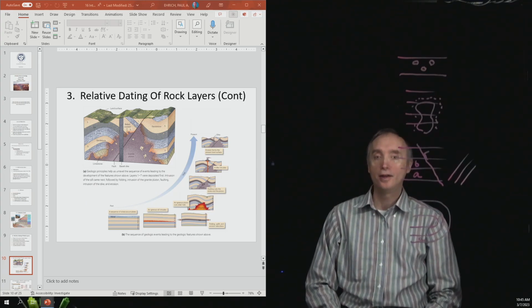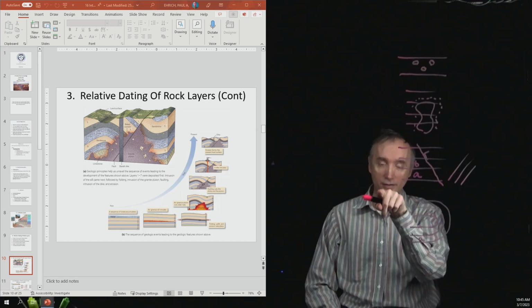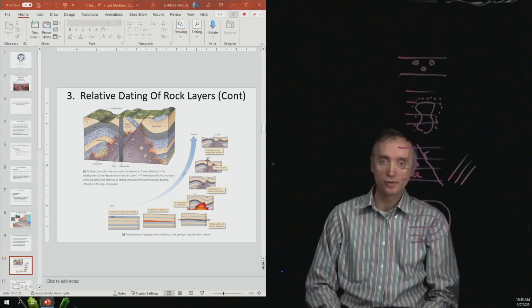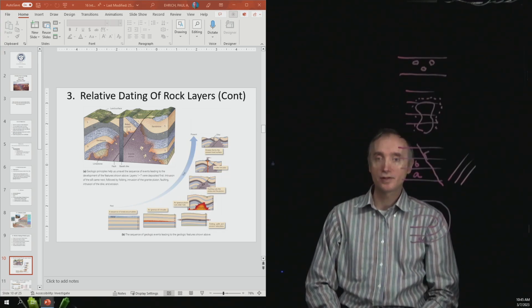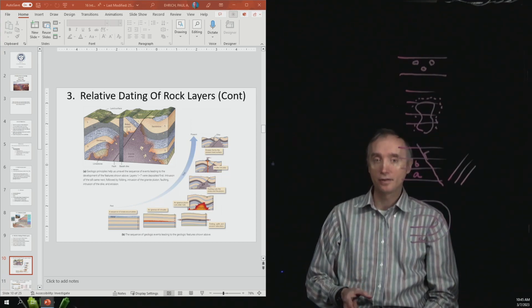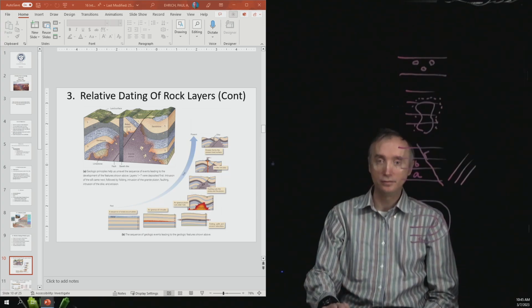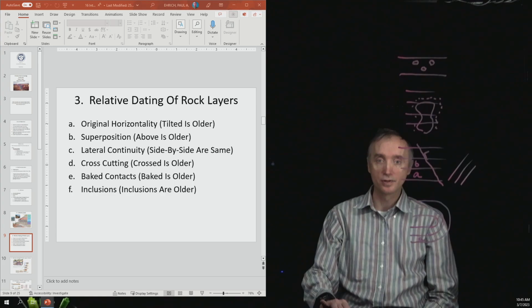So if you just follow the geological history of that, it's going to take you step by step, and show you what was the first thing that happened, what was the second thing, what was the third thing, and so forth, using these principles in order to do it.